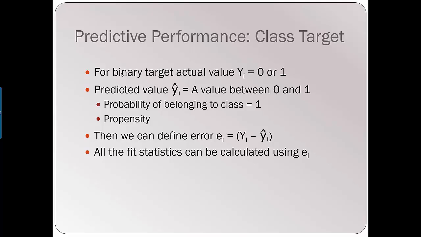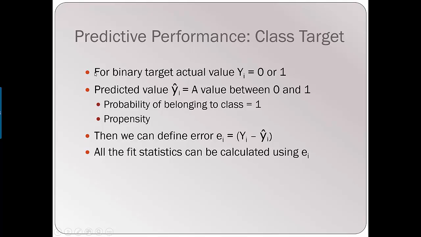But typically in usual situation, binary target is the most common target that we will encounter. So we will restrict our discussion to just binary target. So the actual value of y is going to be either 0 or 1. So it's not a continuous variable, it's not any value possible. So it's either 0 or 1.